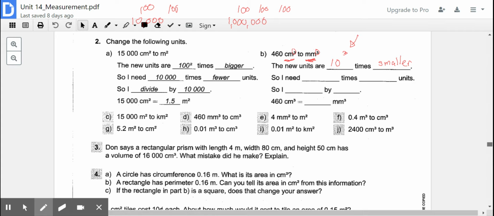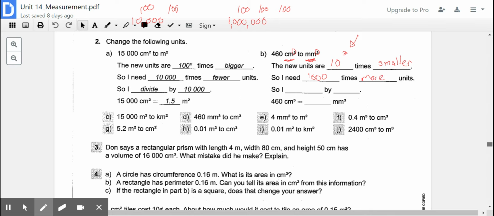Okay, so I'm going to need 10 to the power of 3, or 10 times 10 times 10, which is 1,000 times more units.